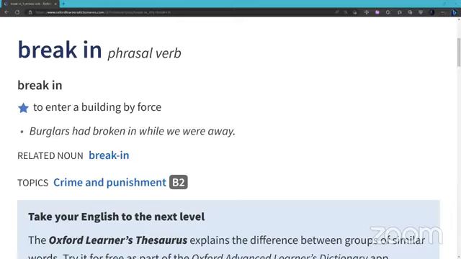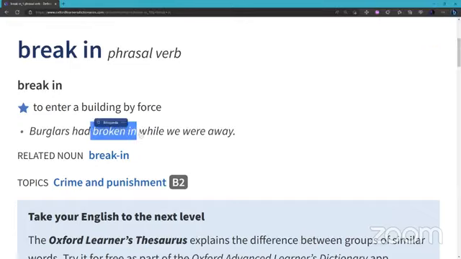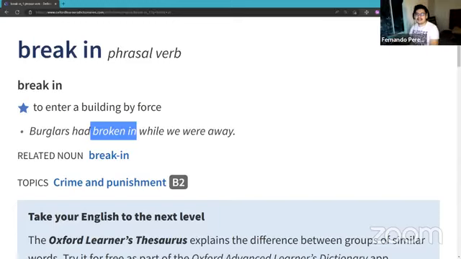Burglars had broken in while we were away. Watch out. You read the word "in" as a connector. This is not a connector. You need to separate this from this. The burglars had broken in while we were away. Exactly, as a unit. Very good.